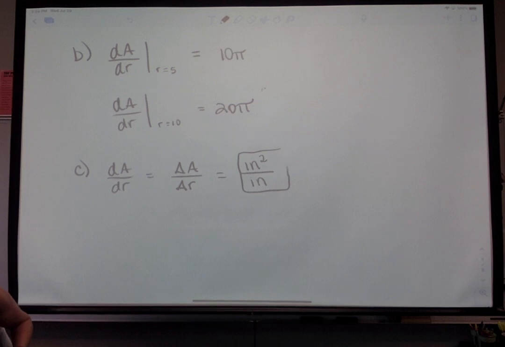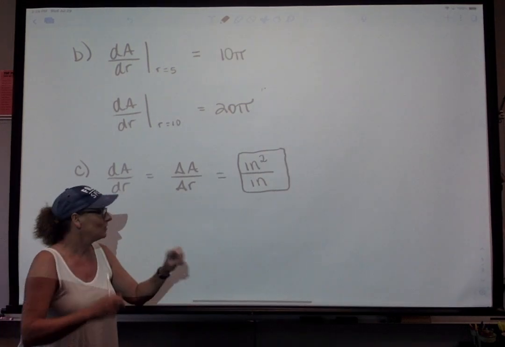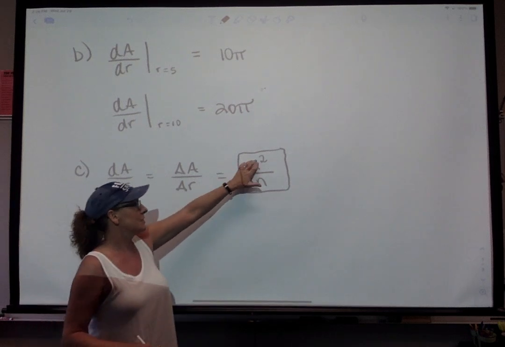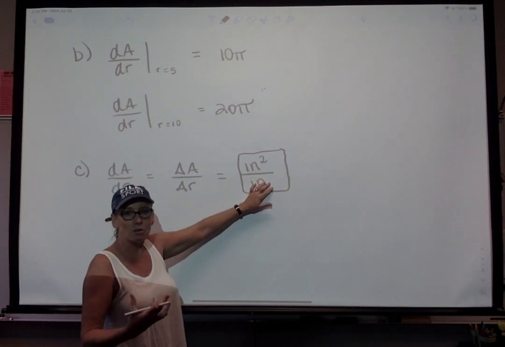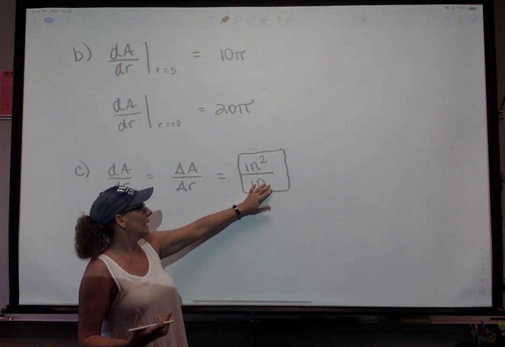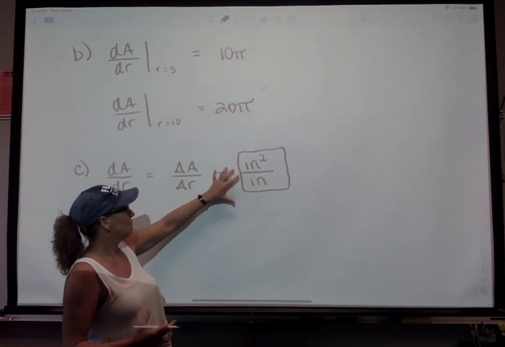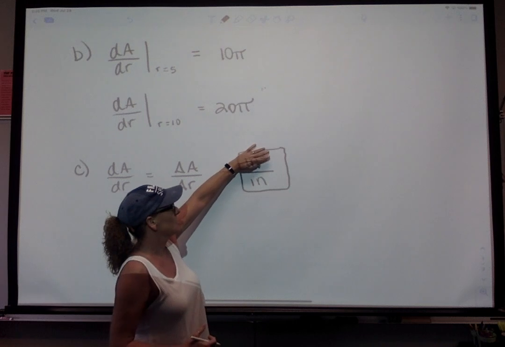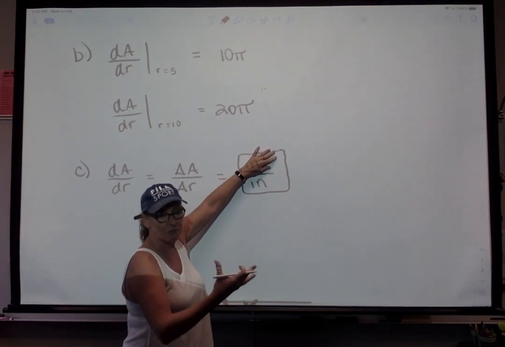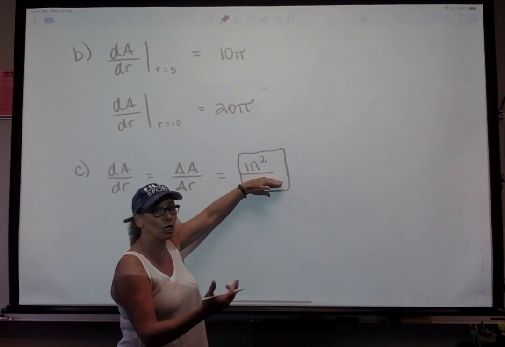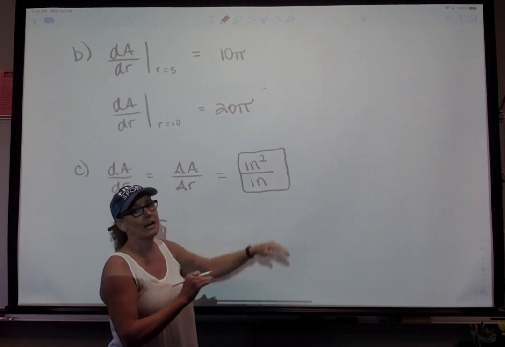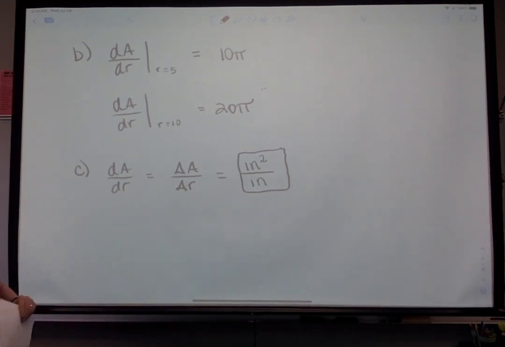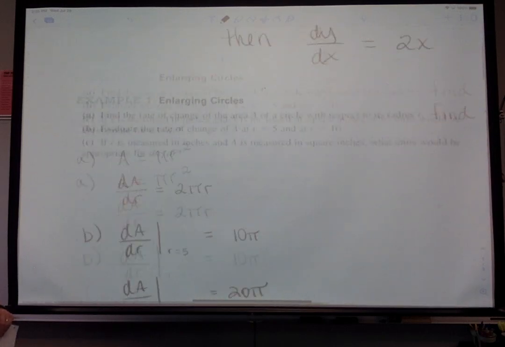Now, you might be tempted to cancel one of your inches, but we're not going to do that because each of them has a really important meaning. And so I can say the rate of change is so many square inches, referring to area, per inch of radius. Moving right along to page 2.